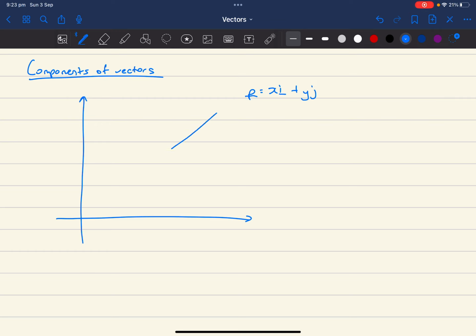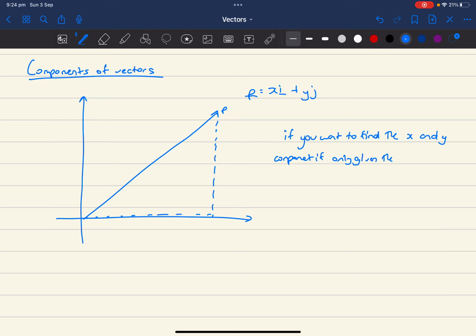So if I have a vector P like this, if I wanted to find what the x and y coordinates are, what you can actually do is... okay, so if you want to find the x and y components, if only given the vector length and angle, so let's say this is theta, and let's say the length of P is 7, right?